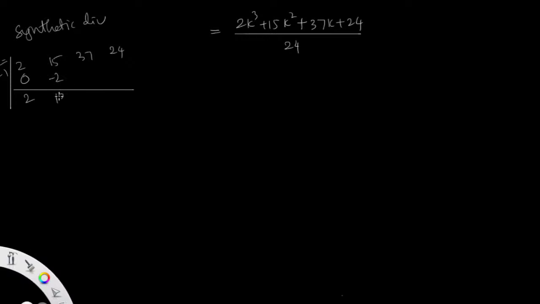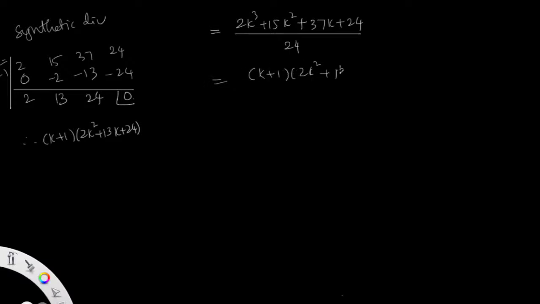Minus 2, 13, minus 13, 24, minus 24. The remainder goes to zero. Therefore, the factors are k plus 1 into 2k square plus 13k plus 24. Now write k plus 1 into 2k square plus 13k plus 24 divided by 24. So the problem continues.